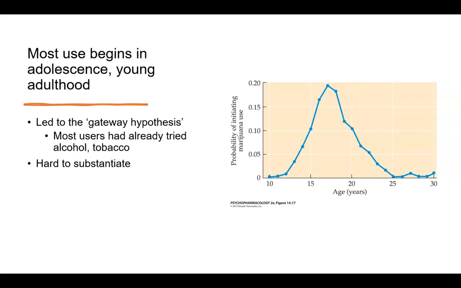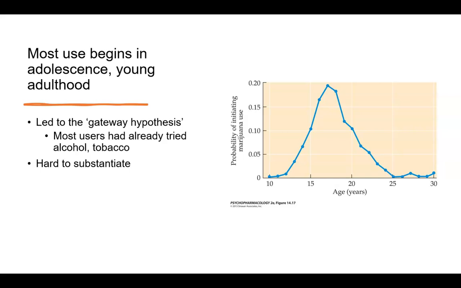Because most people begin in adolescence, this is part of the reason why there's this idea that marijuana is a gateway drug. And if you grew up like I did with things like the Just Say No campaign or the DARE program, you would often hear that marijuana is a gateway drug.